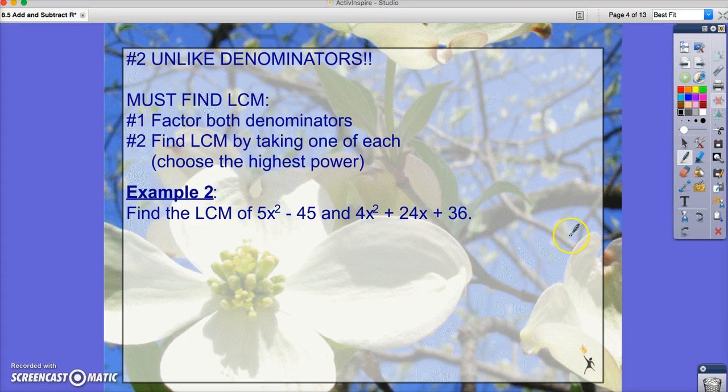Before I can do the LCM, what I have to do first is I'm going to draw a line here. There's 2 pieces here. I'm going to factor them into their parts, like step 1 says. So in the first one, I could take out a 5. I'm left with x squared minus 9.